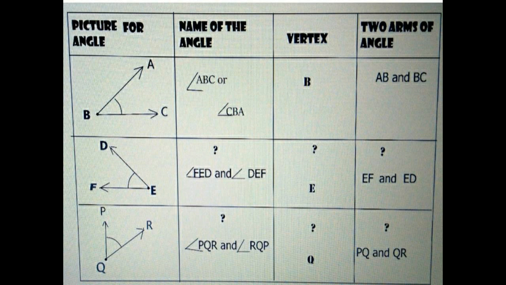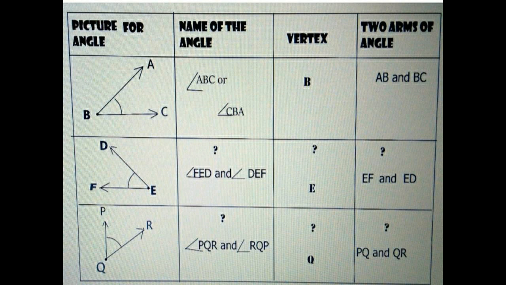In this picture, see some of the angles given. Let me find the name of the angle, vertex and two arms of the angle. First one, angle ABC or angle CBA. Which is the vertex in this diagram?